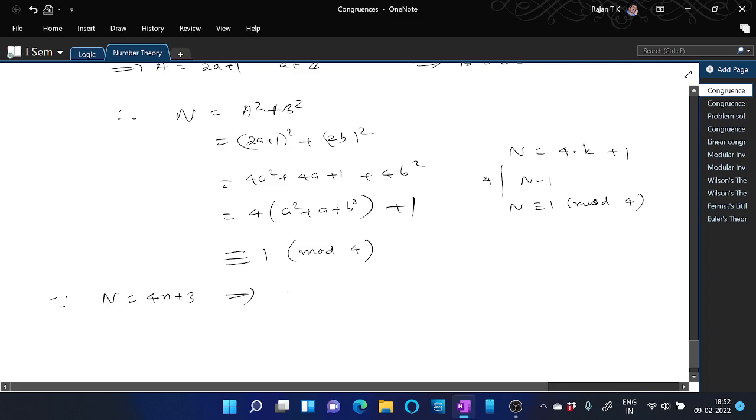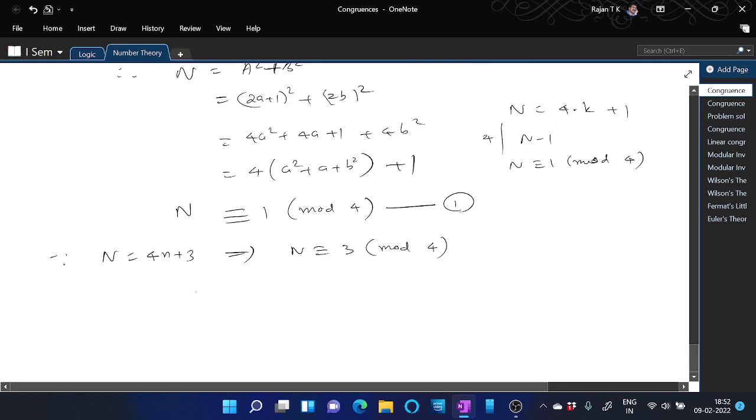N minus 3 is equal to 4n, that is, N minus 3 is divisible by 4, that is, N is congruent to 3 mod 4. So here we have got N congruent to 1 mod 4, but actually since N is 4n plus 3, N is congruent to 3 mod 4, which is a contradiction.